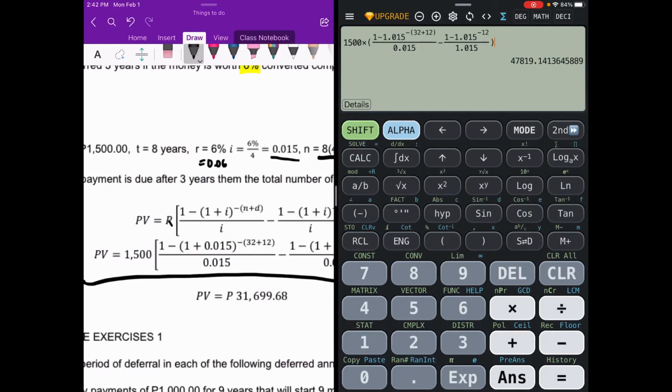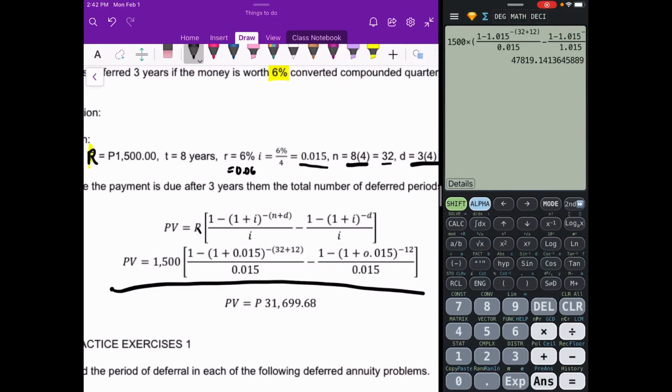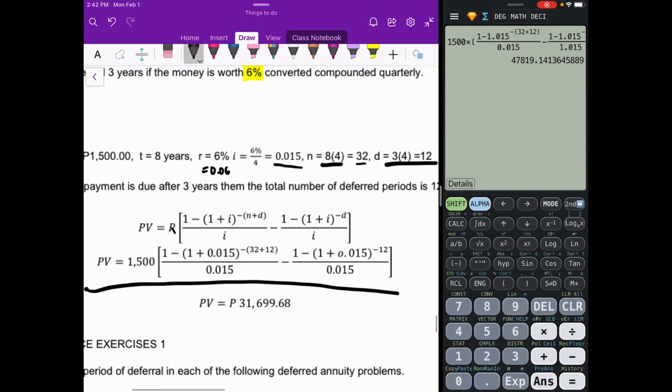So, we have here, okay, it seems like there is a correction in our module. So, the answer is 47,819.14. So, that is the present value which we have here on the calculator.